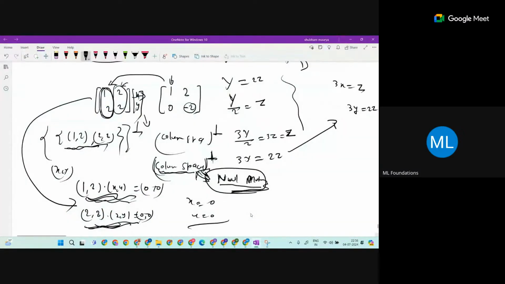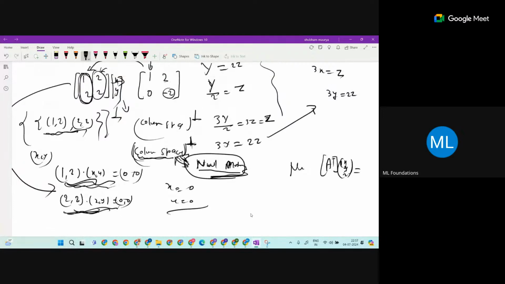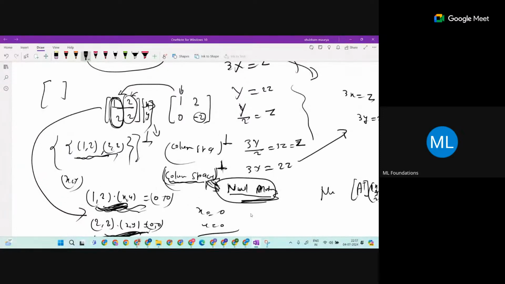If you see that, what is the left null space? We take the transpose and then find the null space. The column space is exactly the same, taking the dot product with this one. If you take the transpose of this matrix, this will be 1 2, and this is 2 2, and find the null space.